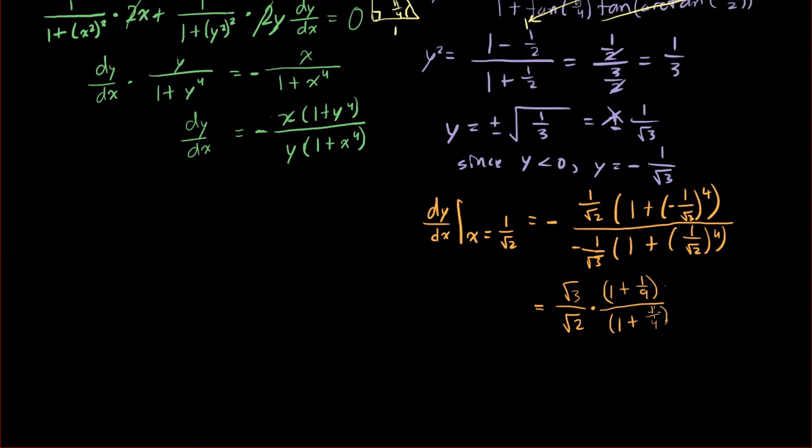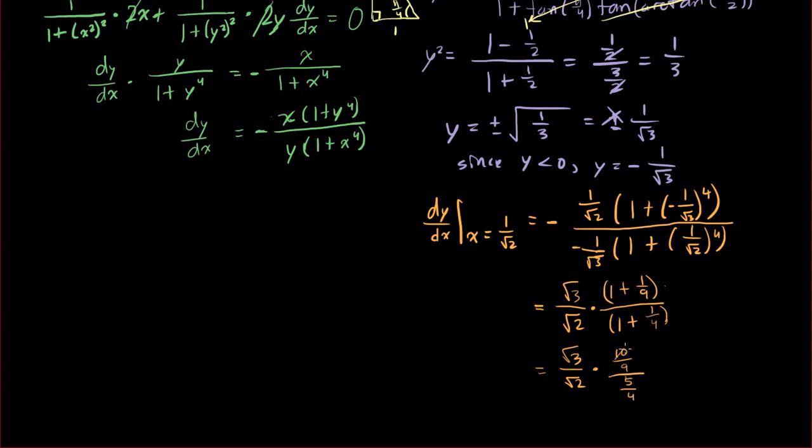And so now we have this expression. We can simplify it. So root 3 over root 2 times 1 plus 1 over 9 is, well, that's 9 over 9, so that's 10 over 9. And that's over 5 over 4, I believe.